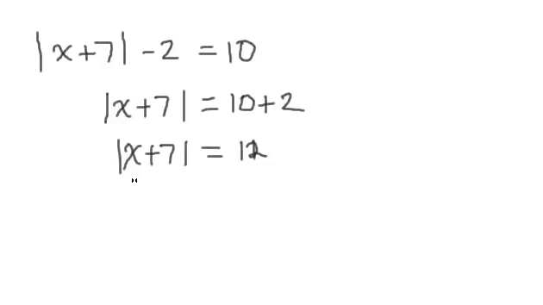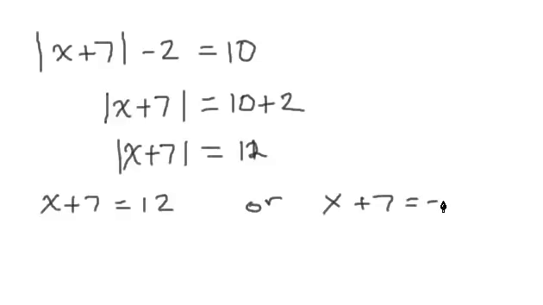So now what we're going to do is drop the absolute value bars. We have x plus 7 is equal to 12, or x plus 7 is equal to negative 12. Taking the 7 over to the right, it becomes a minus 7, so you have 12 minus 7, which is x is equal to 5.